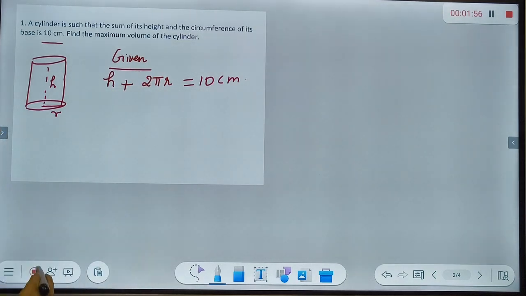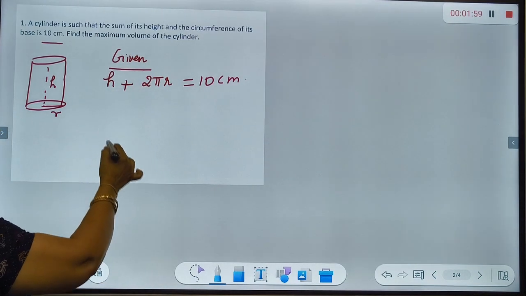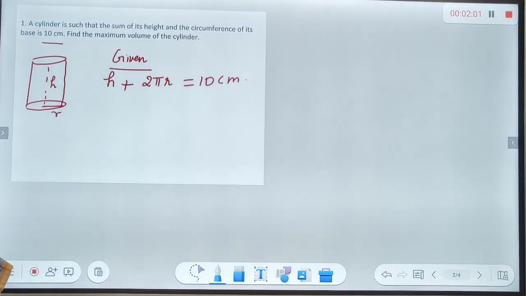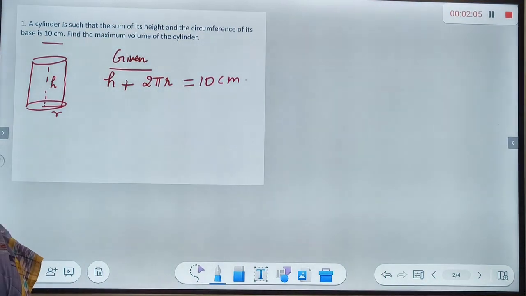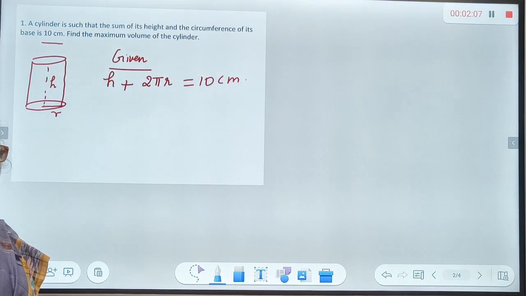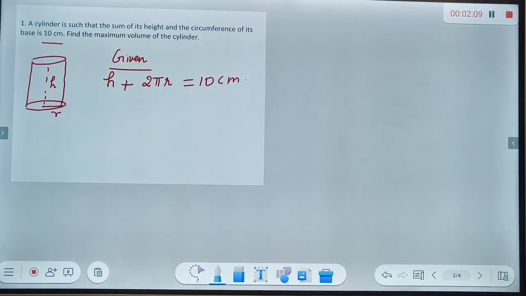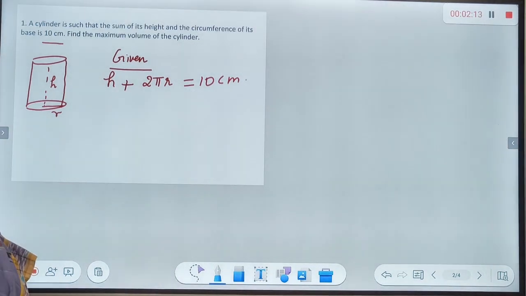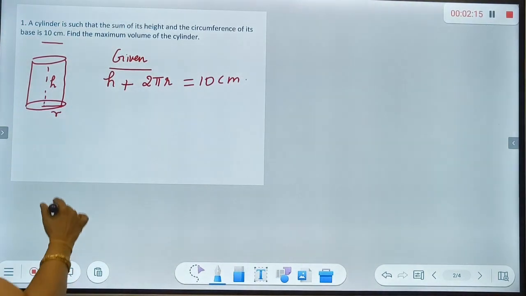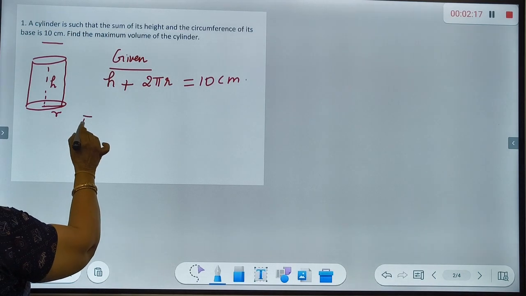Now with this 10 centimeter as a sum of H plus 2 pi r, it is possible to find infinitely many cylinders. But what we are going to do is find the one which has got maximum volume. So what is it that you need to maximize? The volume.